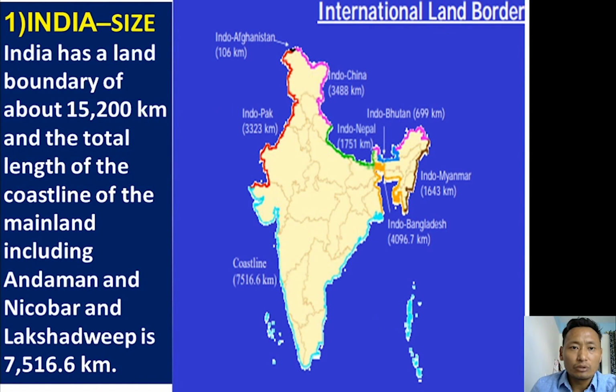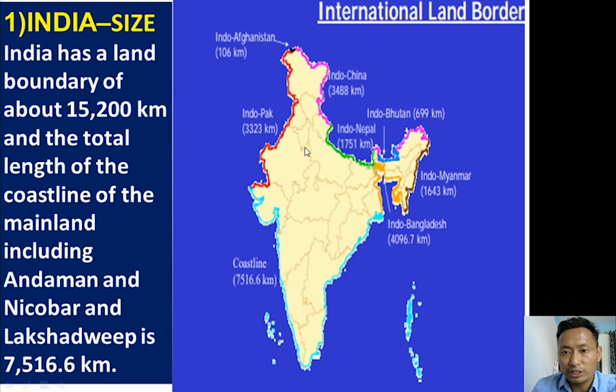India has a land-to-land boundary. India shares land boundary with many countries. India shares a land boundary of 3,323 kilometers with Pakistan, 106 kilometers with Afghanistan, and with China, covering Sikkim and Arunachal Pradesh, a total of 3,488.